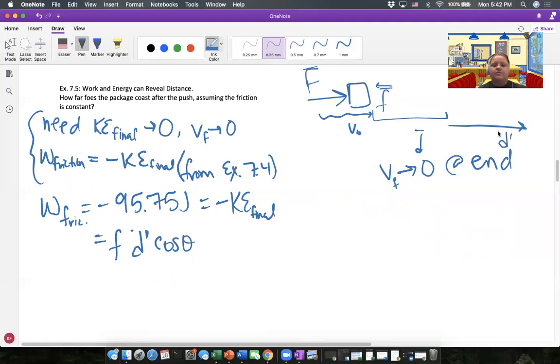So what is this d prime? That's what we want to figure out, okay. This is this unknown that we want to know, okay. And again, as we notice, our frictional force and our distance that we travel here is going to be in the exact opposite direction. So it's going to be cosine of 180, which is just -1. So I'm going to simplify this and call it negative f times d prime. Okay.